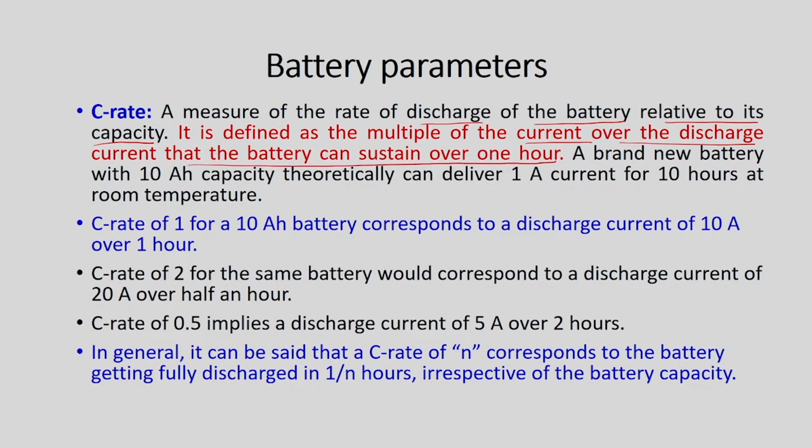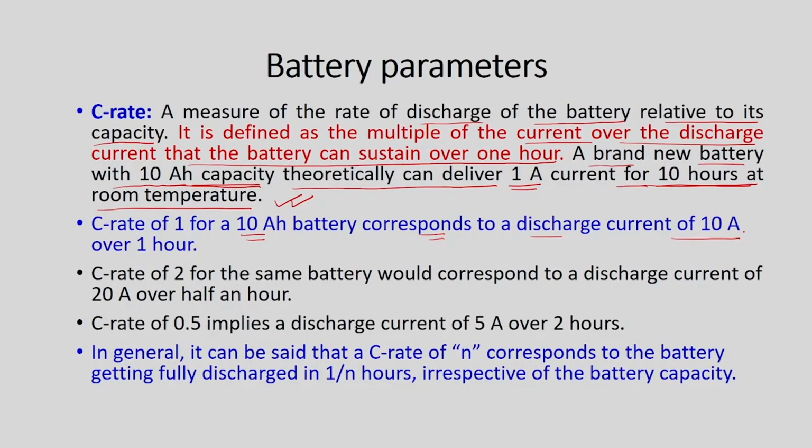Suppose, for example, a brand new battery with 10 ampere hour capacity, for which we have already defined capacity, theoretically can deliver 1 ampere current for 10 hours at room temperature. That you should keep in mind. It is related to the temperature at which the system will operate.